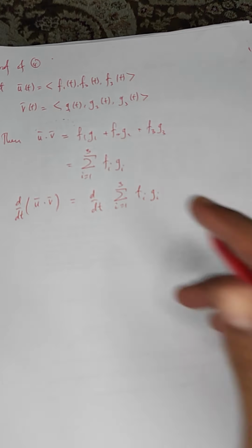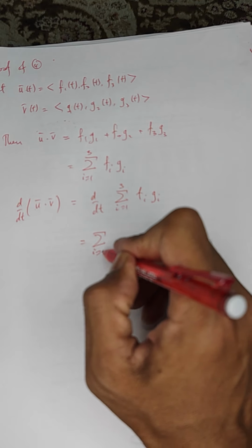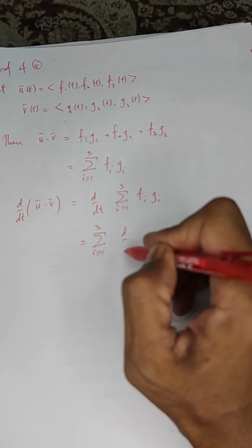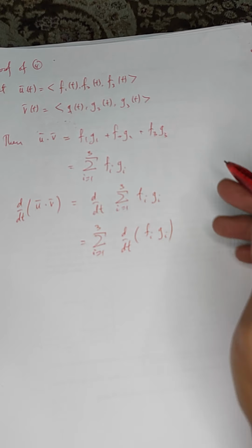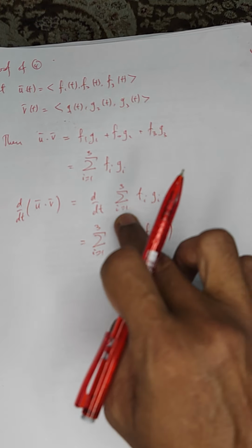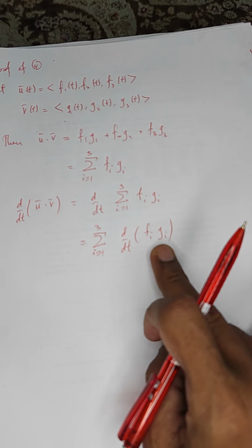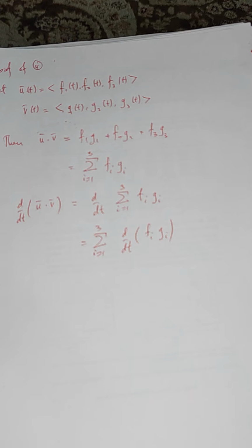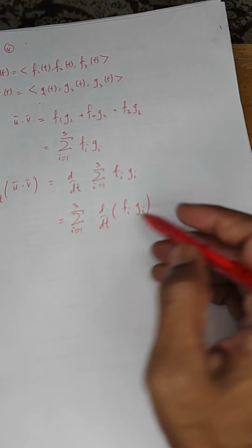So of course you can write this as a summation i from 1 to 3 of d/dt of f_i g_i. In this case, we differentiate the real valued function, so we can just use the differentiation rule for the real valued function.